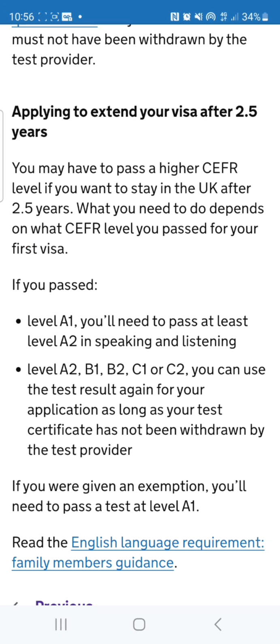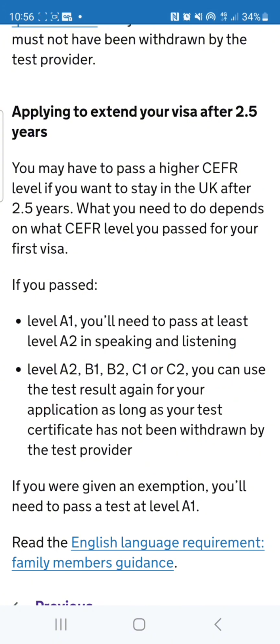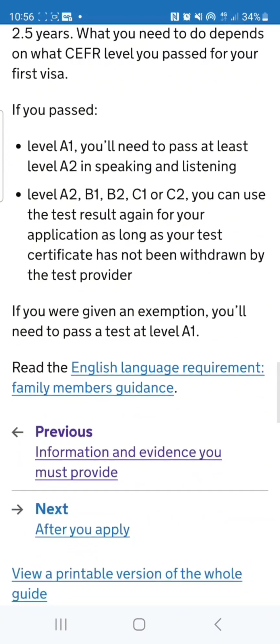If you have passed level 1, you will need to pass at least level A1, excuse me. If you pass level A2, B1, B2, C1 and C2, you can use the test result again for your application as long as your test certificate has not been withdrawn by the test provider. If you are given an exemption, you will need to pass a test at level A1.